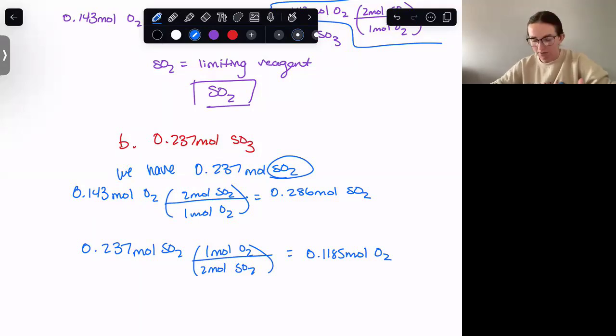And we have enough of that, right? We have 0.143 moles. So we have enough oxygen to completely use up our sulfur, but we don't have enough sulfur in order to completely use up our oxygen. So in that case, that's why SO2 has to be your limiting reagent.